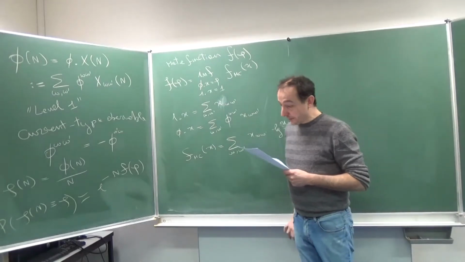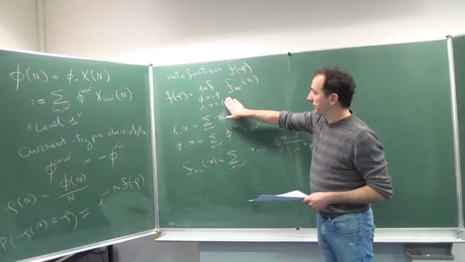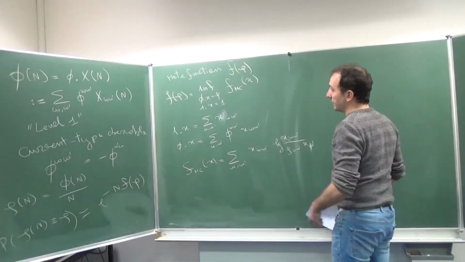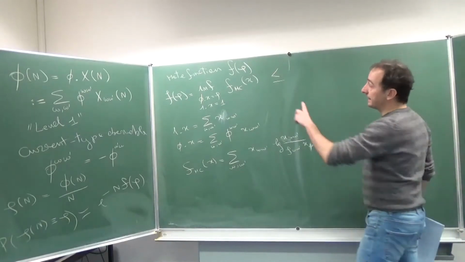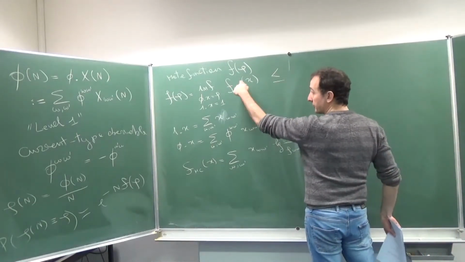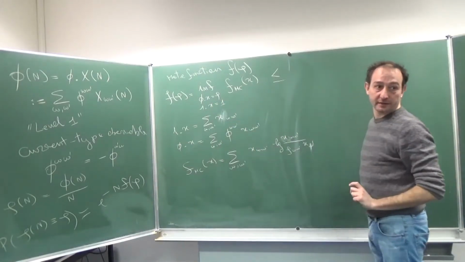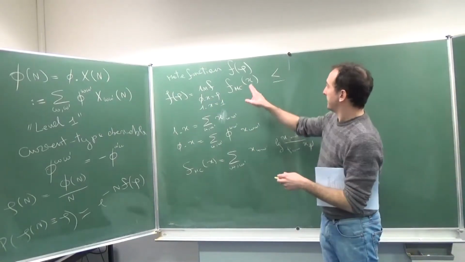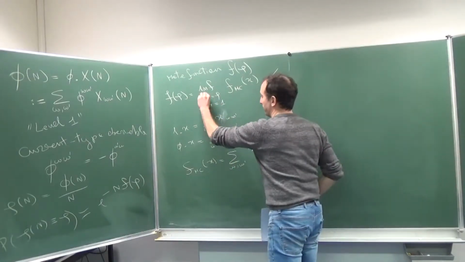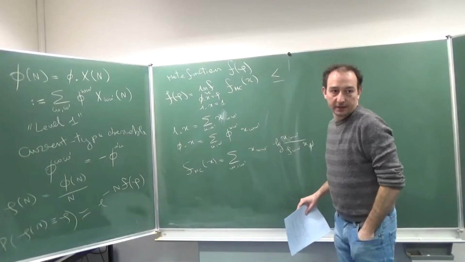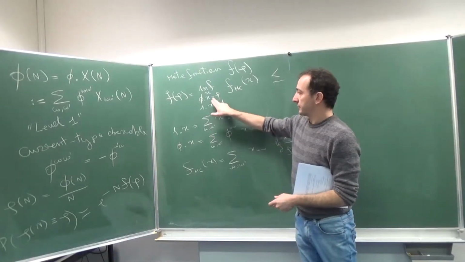And in particular, because this is an infimum problem, it means that this will be less than any evaluation of this function which satisfies the two constraints. Okay? So instead of taking the infimum over all possible x, we can satisfy this constraint.